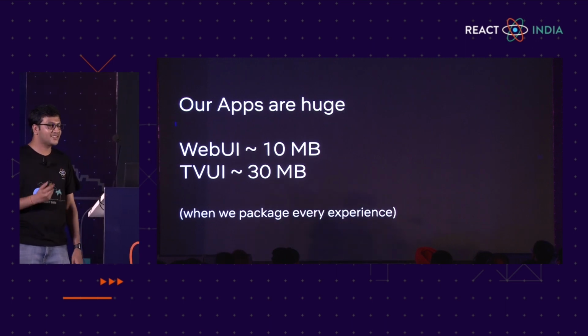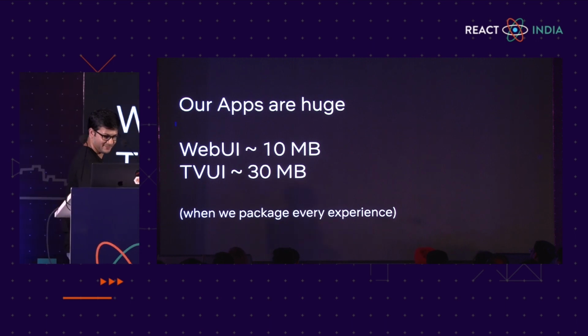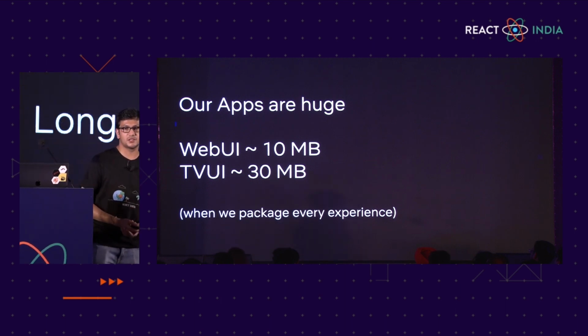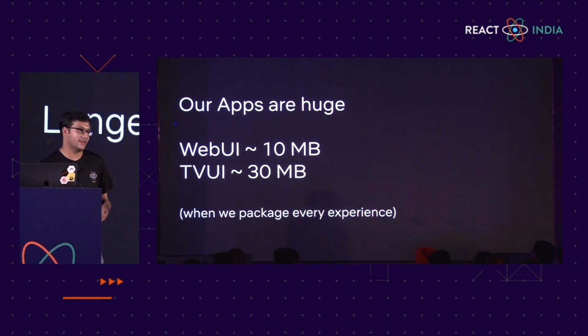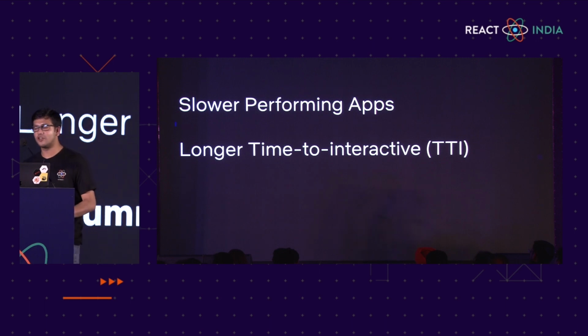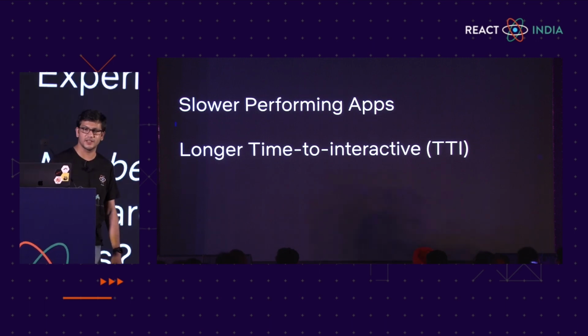So as a subscriber, I'm sure you will not appreciate if I'm sending 10 megs down to your browser. And with these bigger packages, the common problems, of course, are that the app is slow, and there's a longer time for the app to be interactive. So essentially what we are saying is, it's actually a very poor user experience.